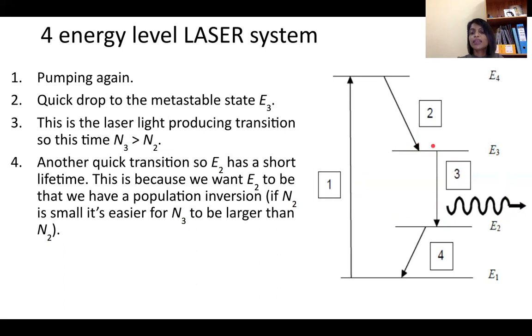So pumping rate is higher compared to the stimulated emission from E3 to E2. So the lasing action happens between E3 and E2, and then E2 has a shorter lifetime, another quick transition, and we want E2 to be small so that we have a population inversion.